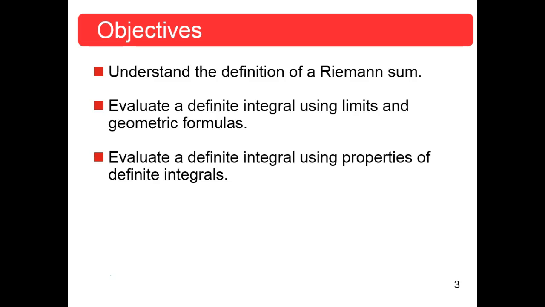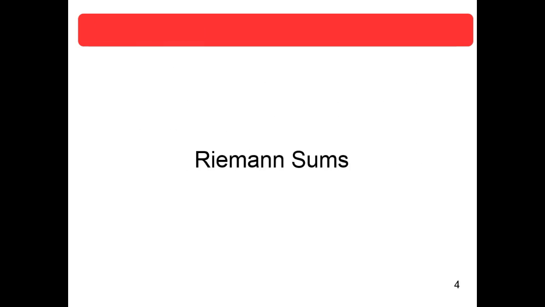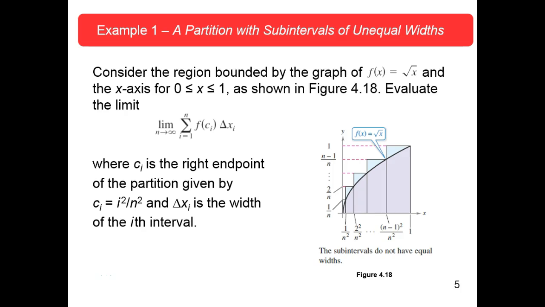And frankly, we've already been using them, so this shouldn't be too bad. Number 2, evaluate a definite integral using limits. That's what we were just doing, in geometric formulas. And then we'll evaluate a definite integral using properties of definite integrals, which are very similar to the properties of indefinite integrals. So let's start with Riemann sums.